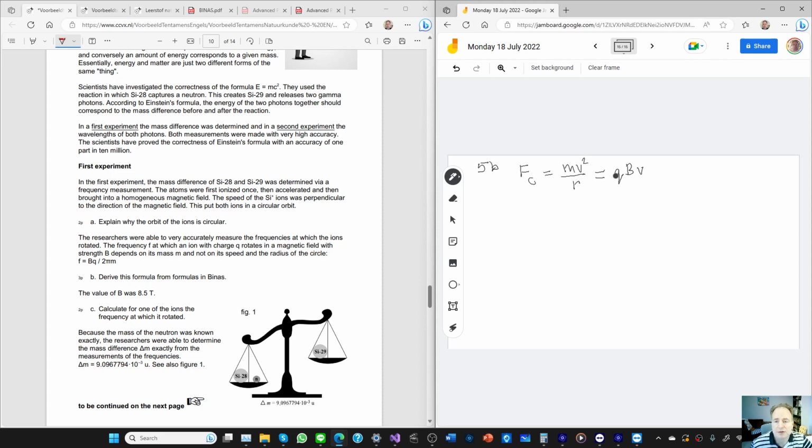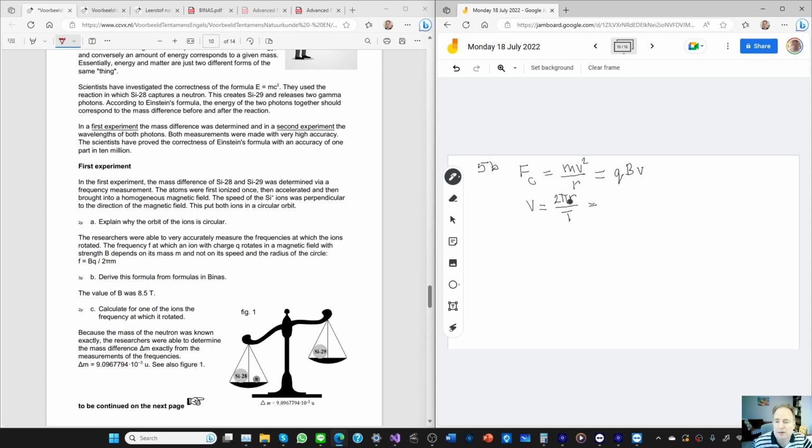Now, how does the frequency come in? Well, we know that the speed along a circle, v, is just 2 pi r, which is the circumference of a circle of radius r, divided by a period, how long it will take to travel that.